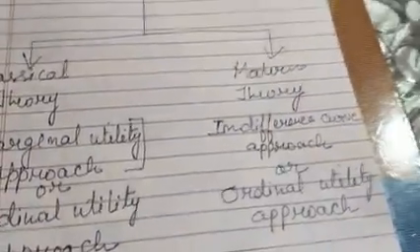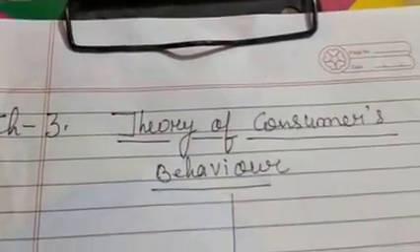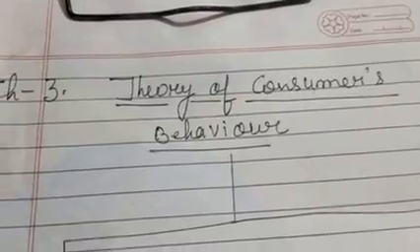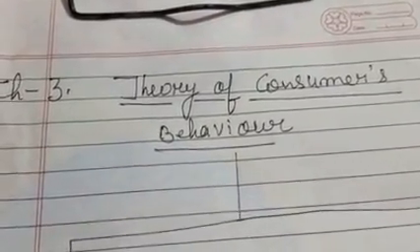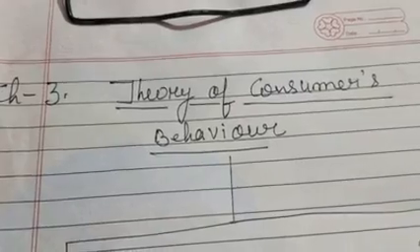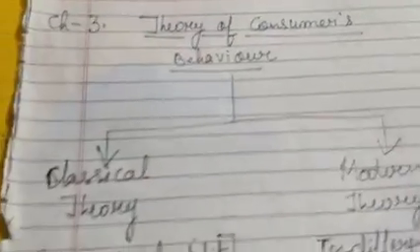Tomorrow onwards I am going to explain on the blackboard, but today I just wanted to give you the introduction that we are going to study chapter 3, theory of consumers behavior.